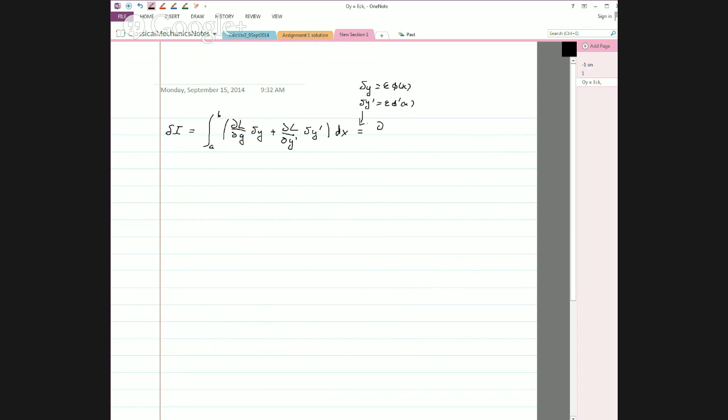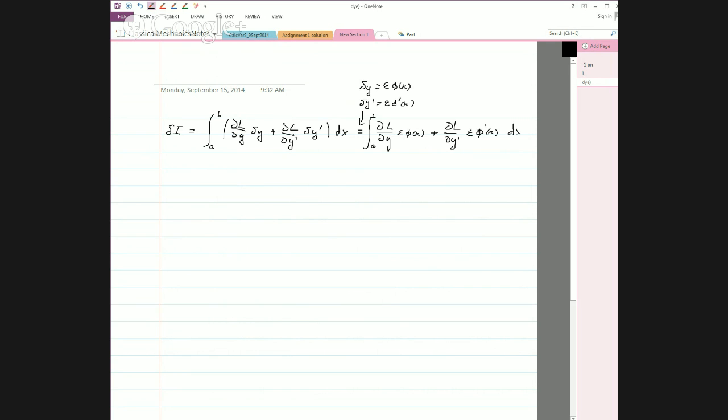So that gives us the integral from a to b of dI by dy times epsilon phi of x, just substituting in, plus dI by dy prime epsilon phi prime of x.